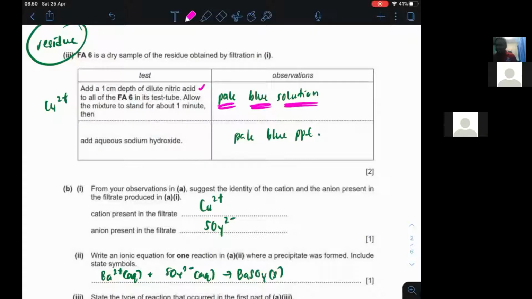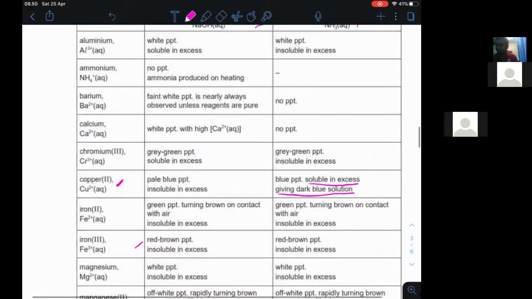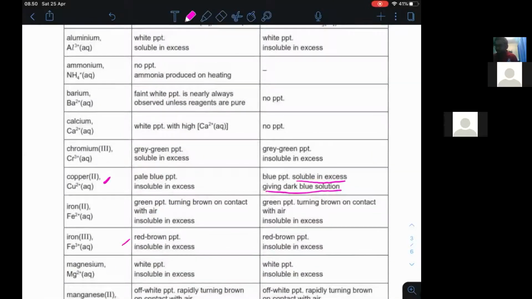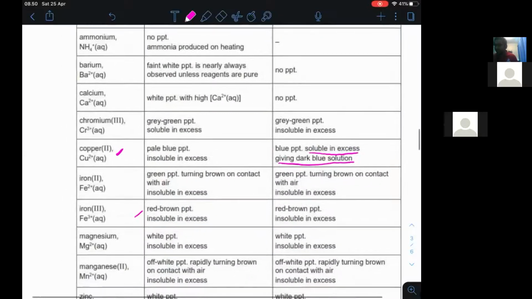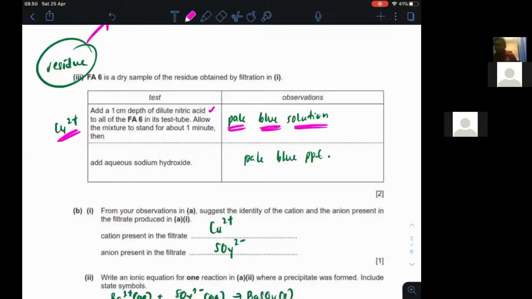When you add acid and suddenly it gives you a pale blue solution, most likely, even without adding any OH or any ammonia, the only ion that gives this is copper 2 plus. So I put copper 2 plus again here. It means that when I add the nitric acid, the residue changes into copper 2 plus.